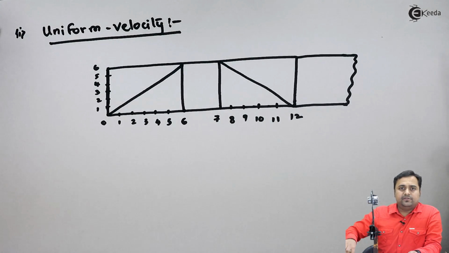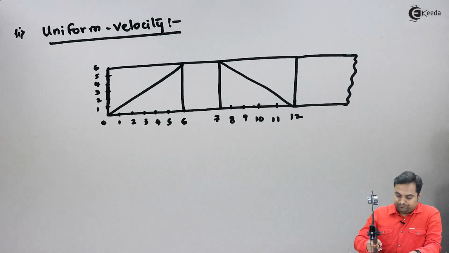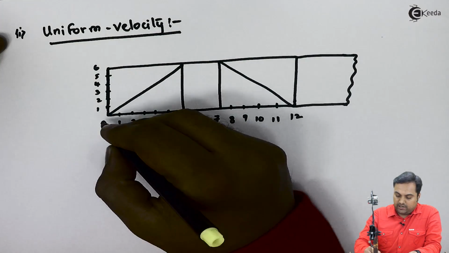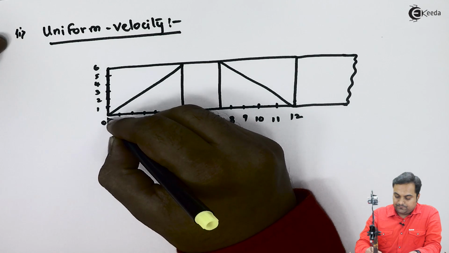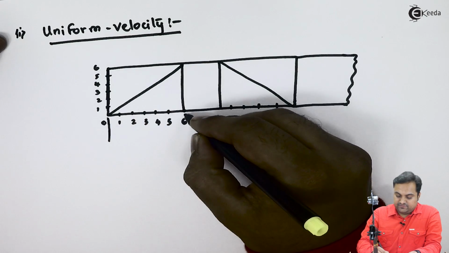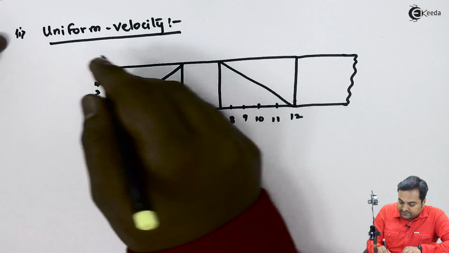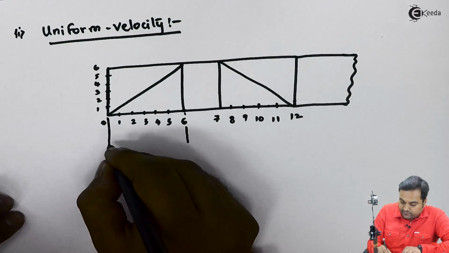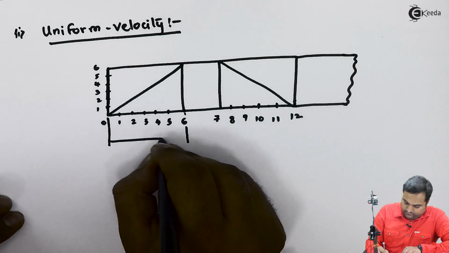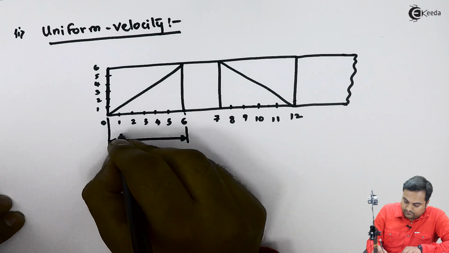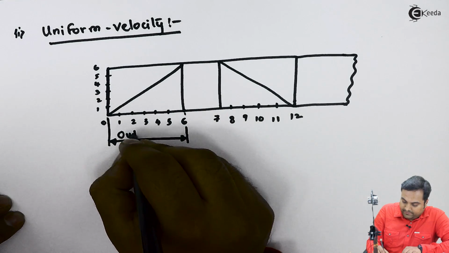If the problem says that the follower is moving during the rise period or outstroke, we can say that it is moving with uniform velocity. So here this angle would be called the outstroke, denoted by theta O.